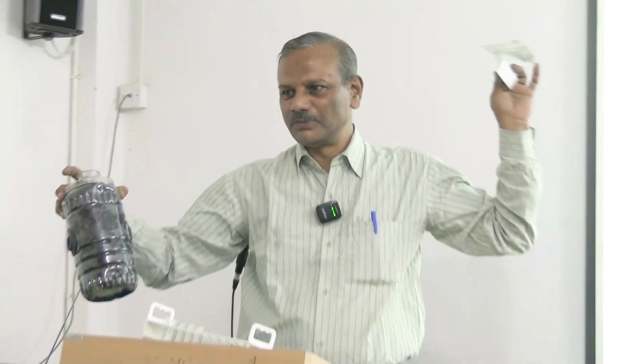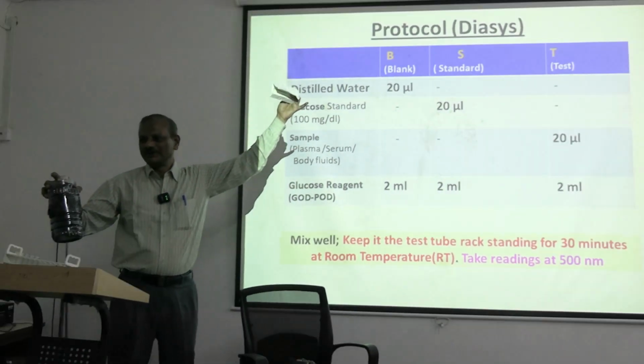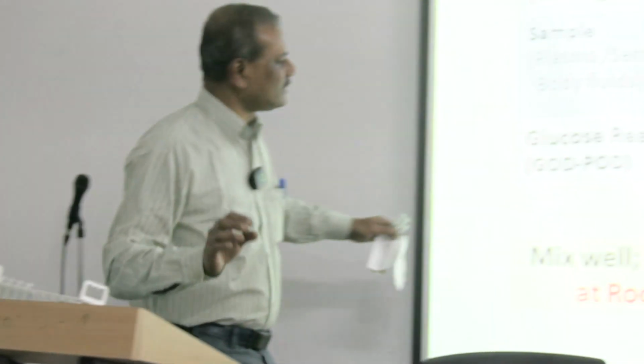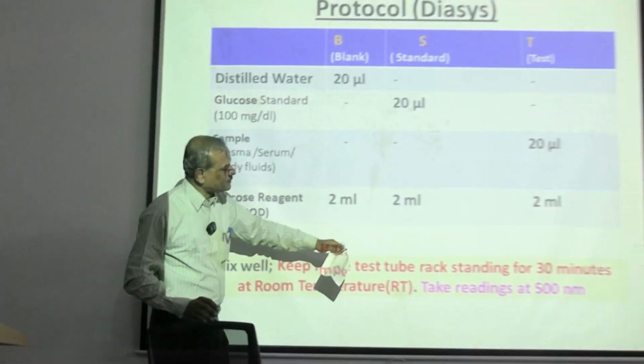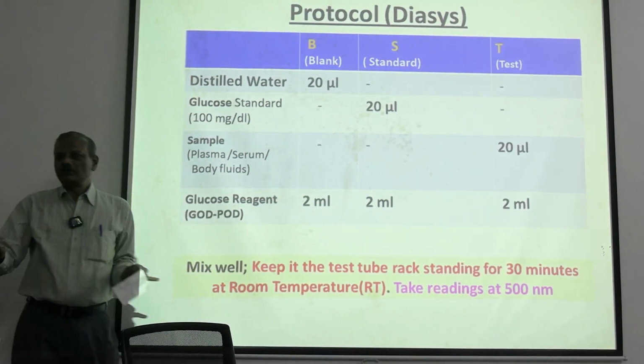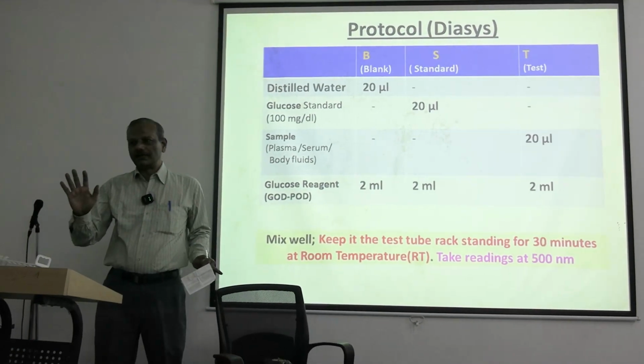It can be 0.5 ml also, this reagent. Similarly, it can be 0.05 or anything, whatever you do. This is immaterial. And then there is a standard timing that it will be kept standing for 30 minutes at room temperature. And in our country, room temperature really varies very widely.